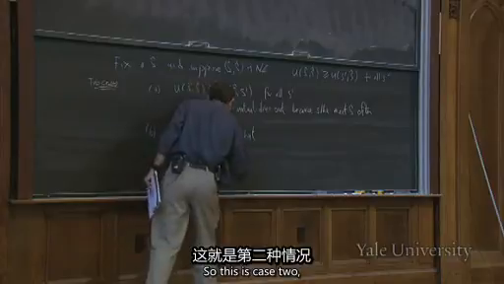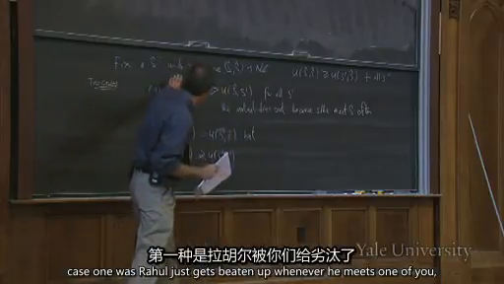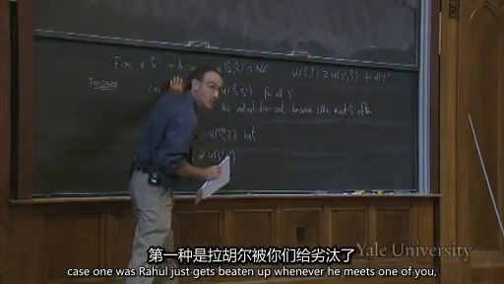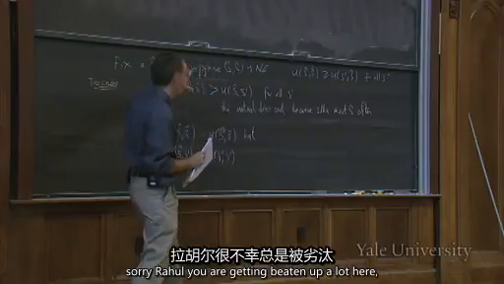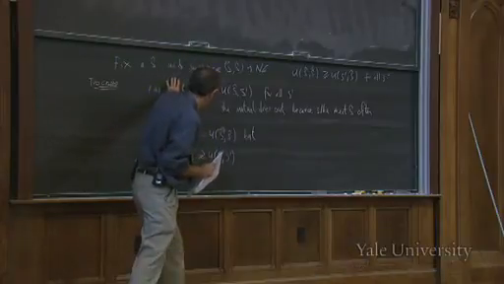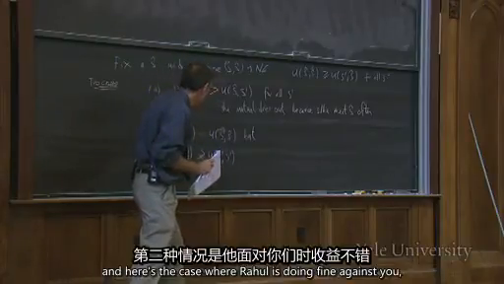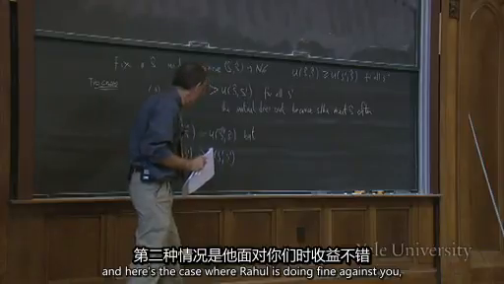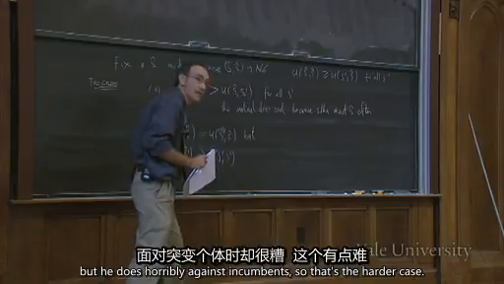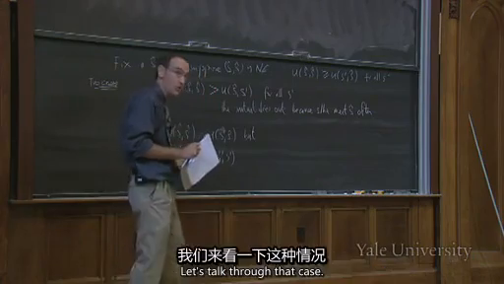All right, so this is case two. Case one was Rahul that gets beaten up whenever he meets one of you. Sorry, Rahul, getting beaten up a lot here. And here's the case where Rahul is doing fine against you, but he does horribly against other mutants. So that's the harder case. Let's talk through that case.